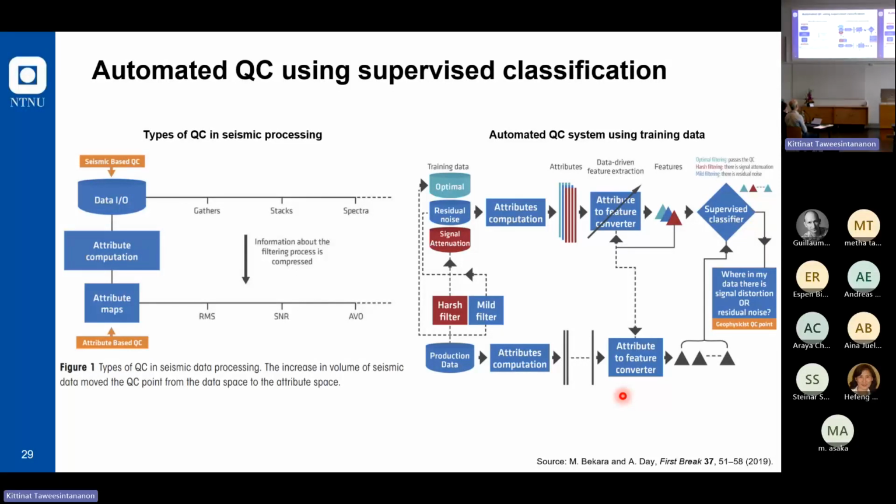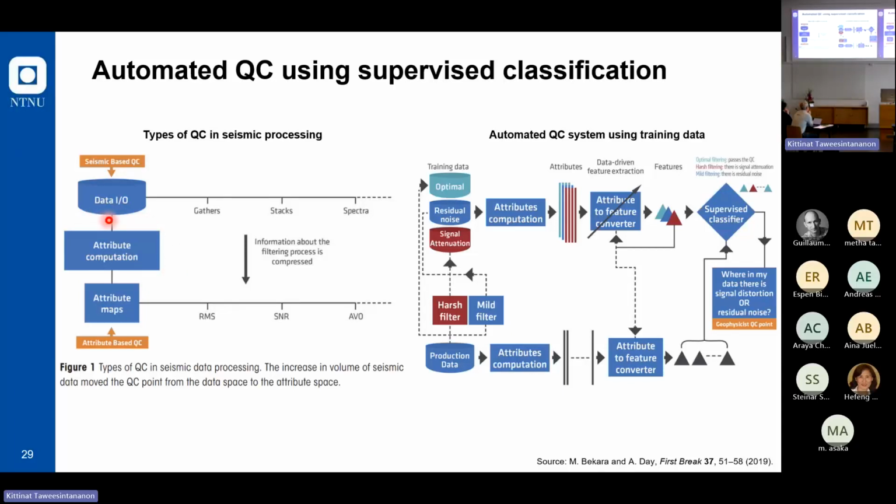Another idea is to automate the QC using supervised classification or some supervised learning. Because we have a lot of data nowadays, it's quite impossible in a short time to look into every shot gather on the computer. So to save quality control time, we need to generate attributes.